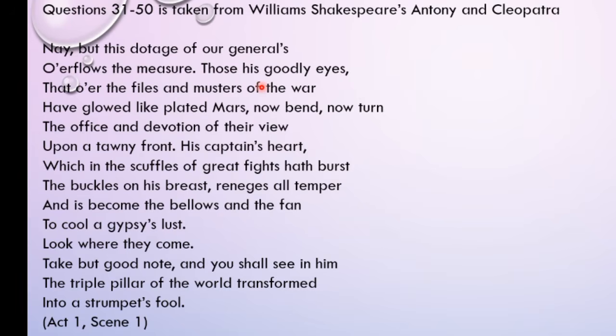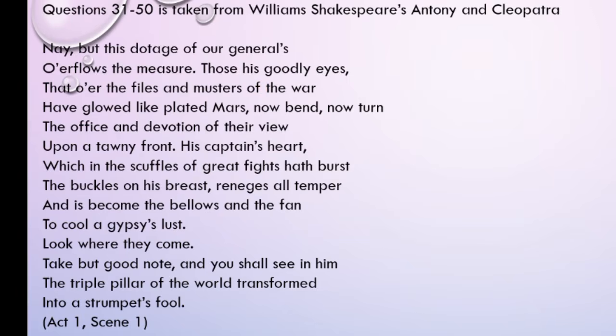They consider Cleopatra as a prostitute. That's why we have this "strumpet's fool". He's now devoted, very mushy and distant because of the love that he has for Cleopatra, and they are worried about this intense love.